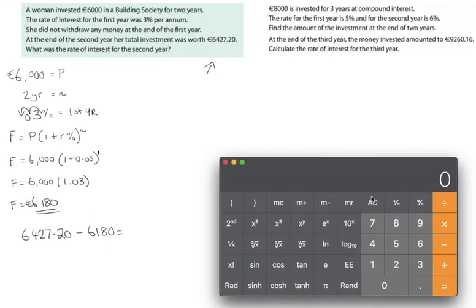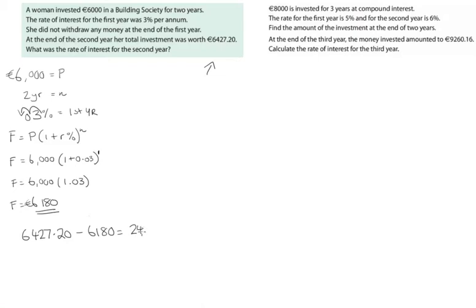Better to use a calculator here. 6427.20 minus 6180 equals 247 euros and 20 cents. This is the interest earned in the second year.